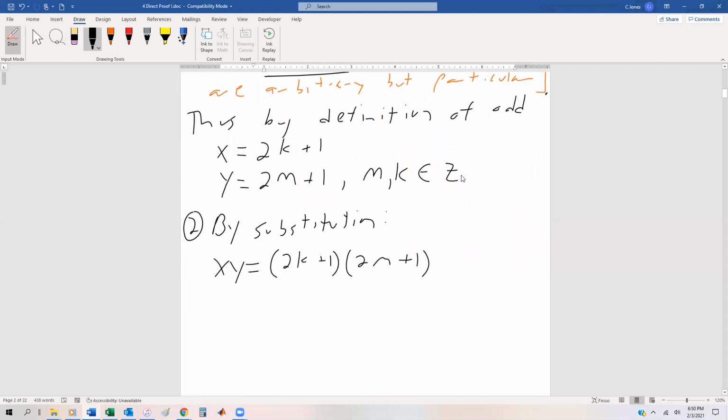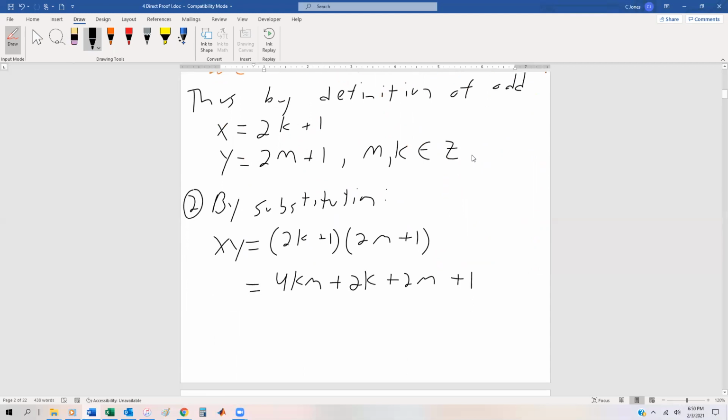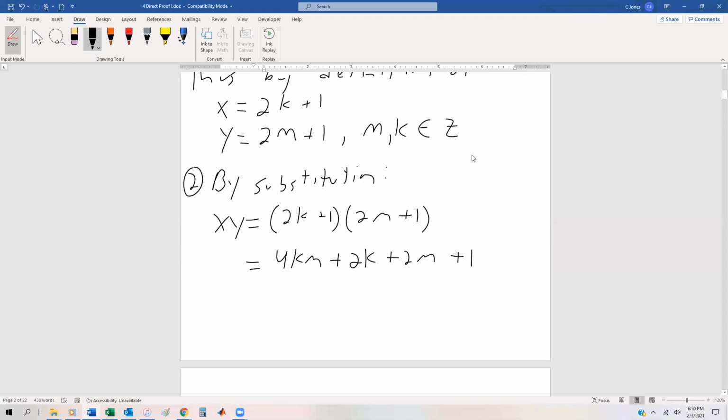Now we're going to do some algebra. This is going to be equal to, we're going to FOIL this out, and we get 4km plus 2k plus 2m plus 1. And we have to justify each step, so this is by multiplication.